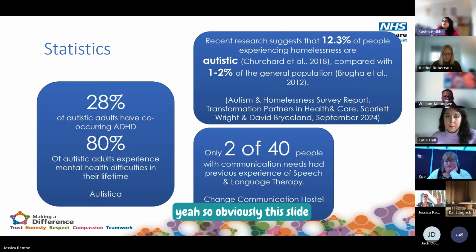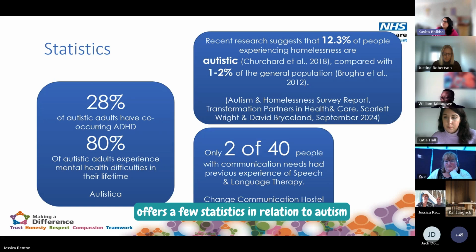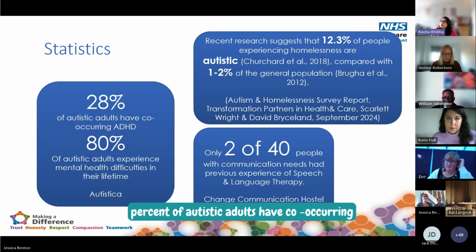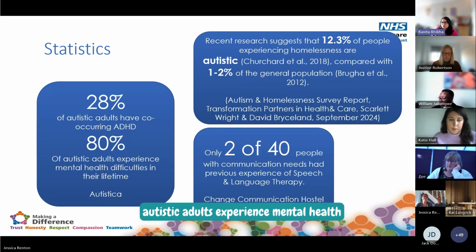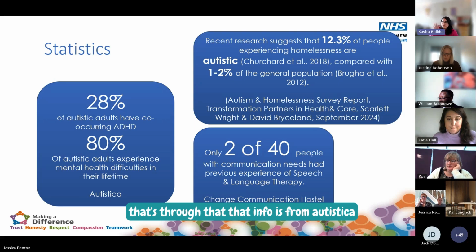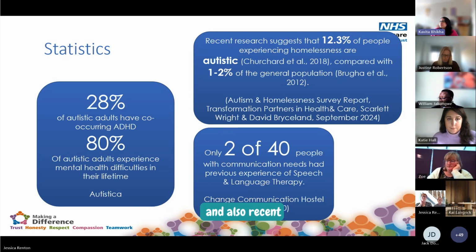Yeah. So obviously this slide offers a few statistics in relation to autism, so I'll just read some of them out. 28% of autistic adults have co-occurring ADHD. 80% of autistic adults experience mental health difficulties in their lifetime also, and that info is from Autistica.